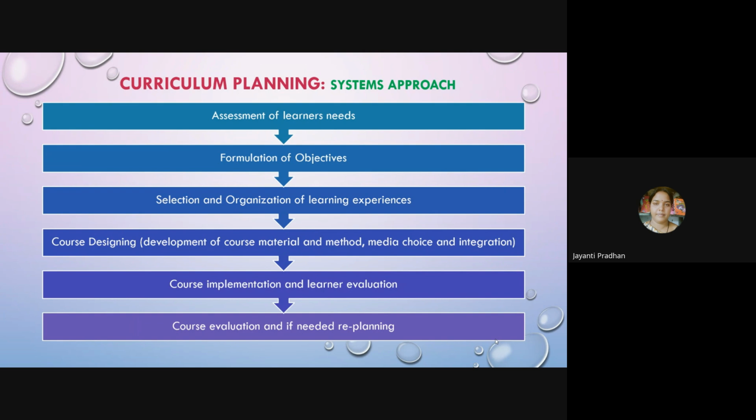At what level are we preparing the curriculum? What is the learning level? What is the interest? If we consider the learners, then what is the need of the learner? What is the learning level of the learner? What is the interest area of the learner?